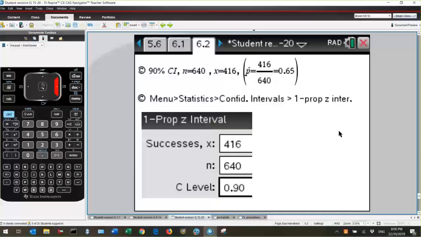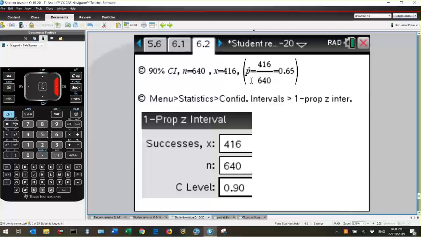Now, TI-Nspire will give you the confidence interval. So I want a 90% confidence interval. I know N, 640. I know X, that is the number of successes, 416.